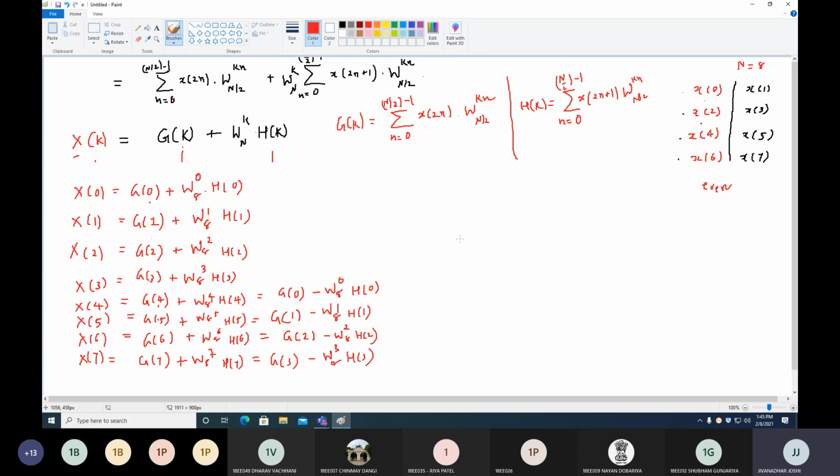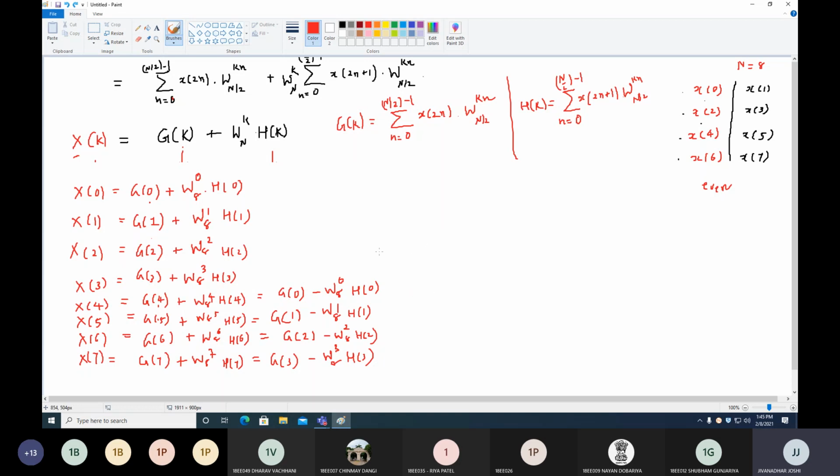Let us prove g of 0 equal to g of 4 and all other identities later on. Let's believe this equation right now and let us further decimate g and h. Later on, after completion of this equation, I will prove why this is equal to minus w8 raised to 0, why g of 4 is equal to g of 0, etc.